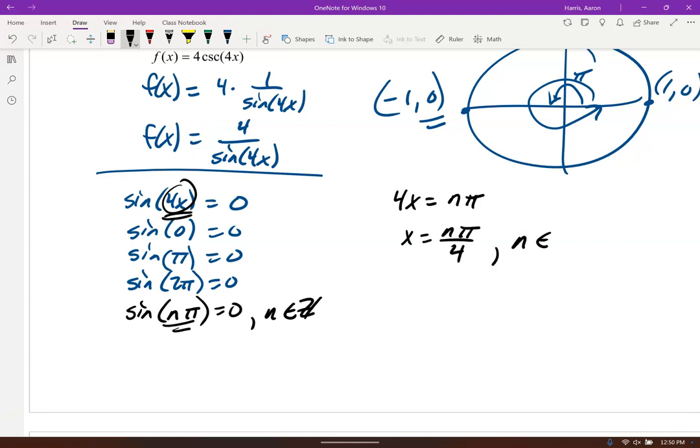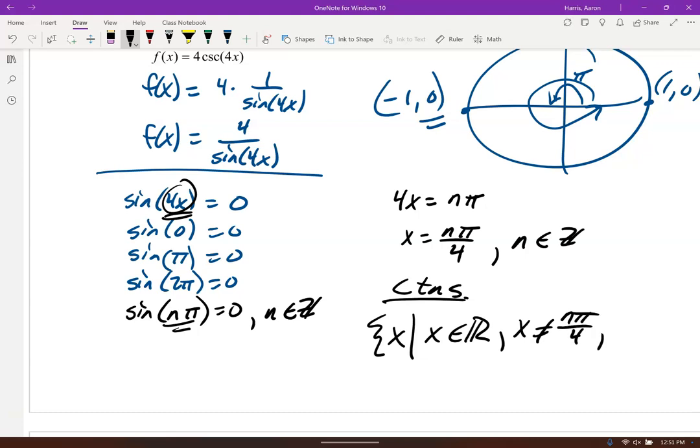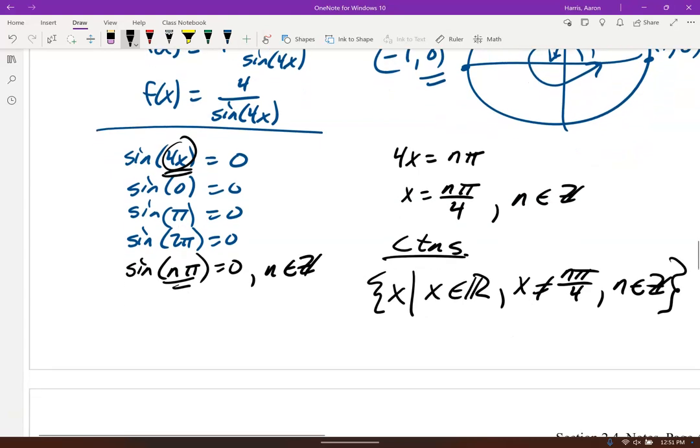Again, n is an integer. So where is this continuous? Well, everywhere except there. All reals except for n pi over 4, where n is an integer. All right, other than that, it'll be fine. Continuous.